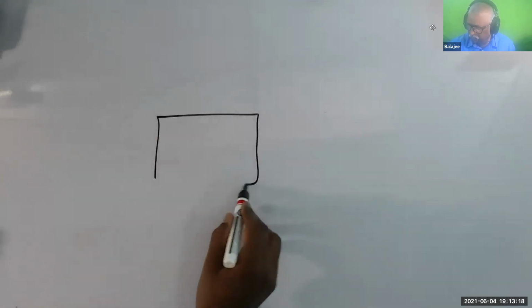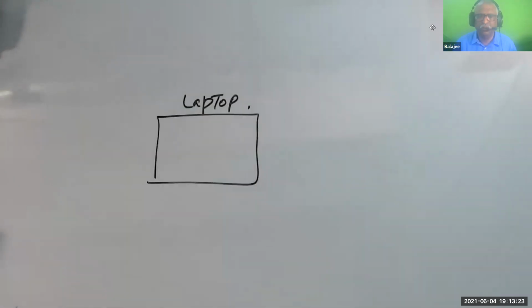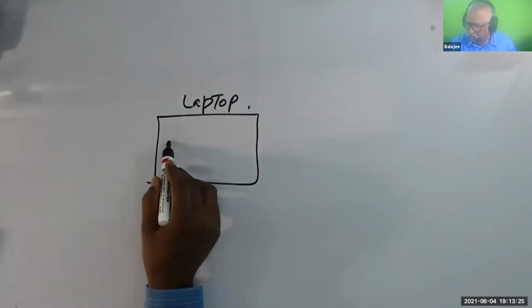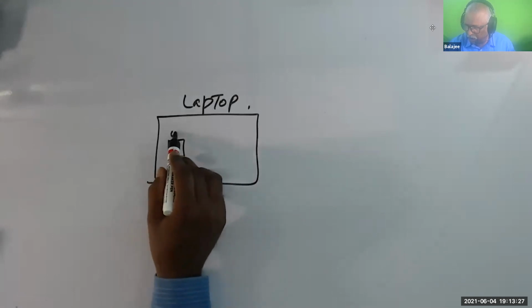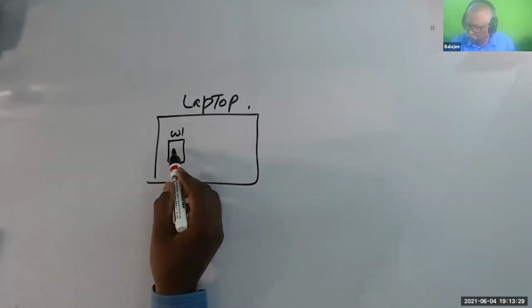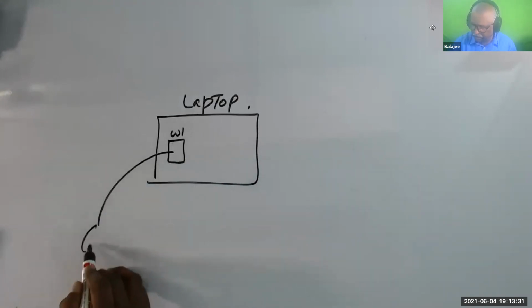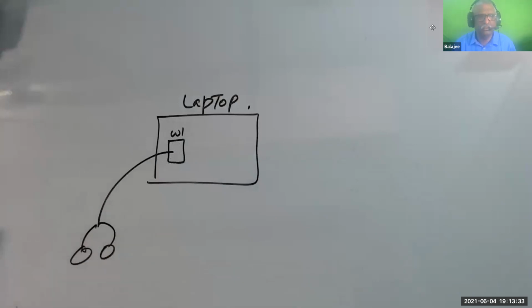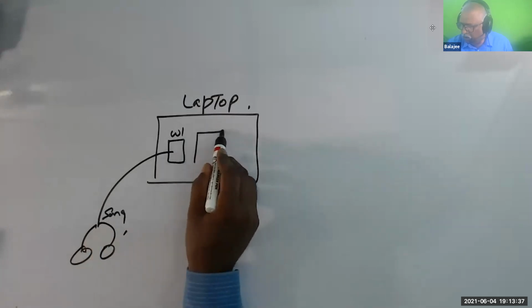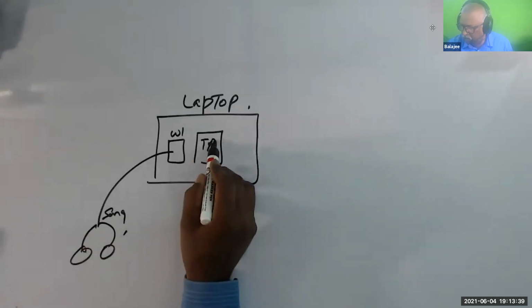For example, let us take a case. In your laptop, you will have a window 1. There, you will be playing a song and hearing it on the headphone. In another one, you will be typing a document.